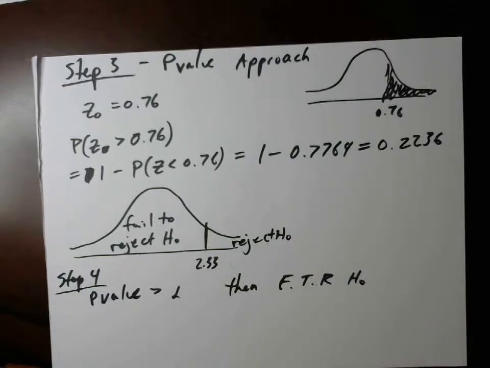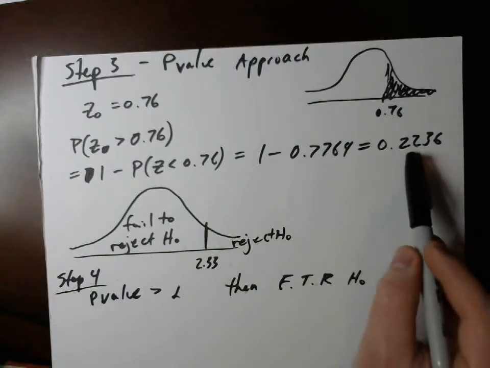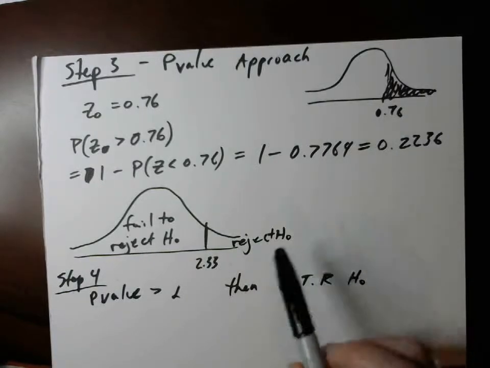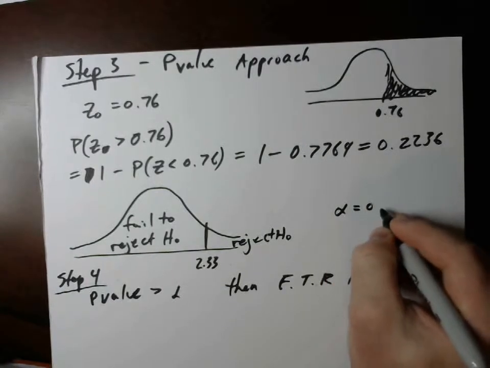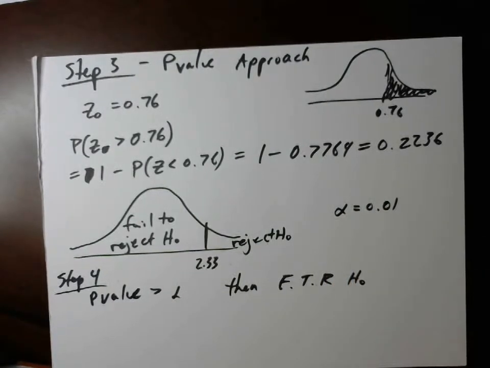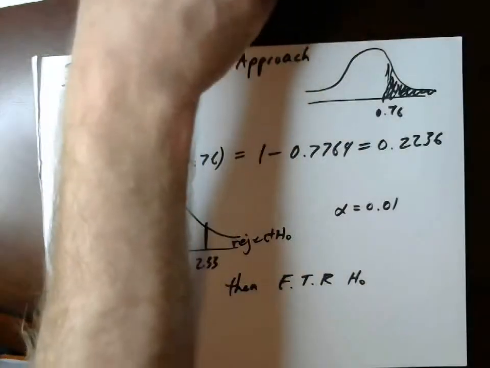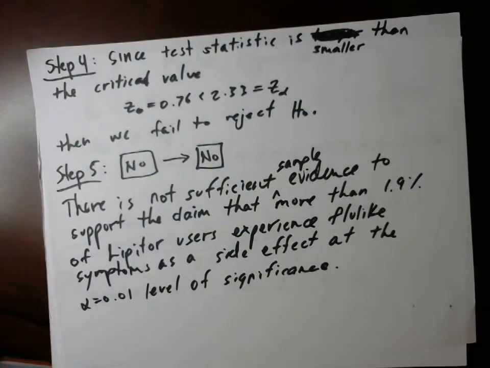As we can see, we fail to reject, since the p-value, 0.2236, is larger than our alpha, 0.01. And of course we would go to step 5, and it's just the same conclusion.